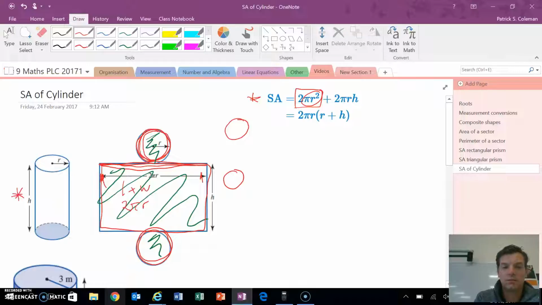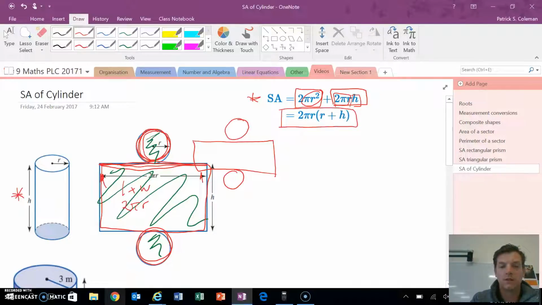And as discussed just previously, when we're looking at finding the area of our rectangle that's left over, we can use 2 pi r to find our length, and h relates to our height, so our width. So with all that information, we can actually find the surface area. Now we can factorise that, and we end up being able to use the final equation of this, 2 pi r outside of r plus h.